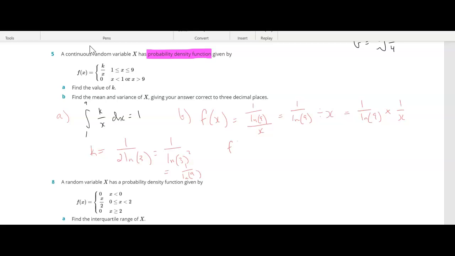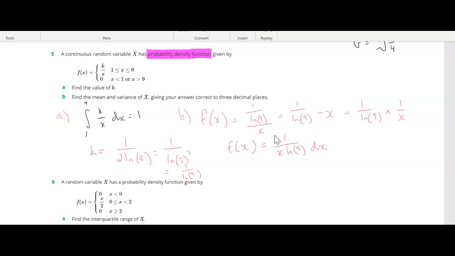So f of x is equal to that, and this is important because you can't work with the original function. You need to be able to transpose to get your function like that. Okay, so we're going to find the mean first and then the variance.